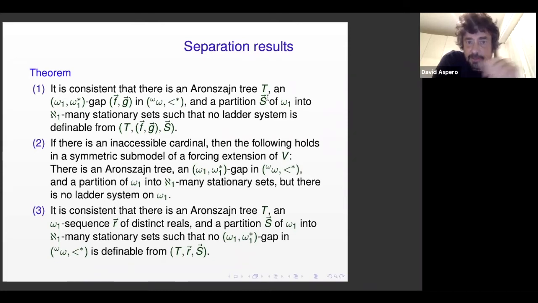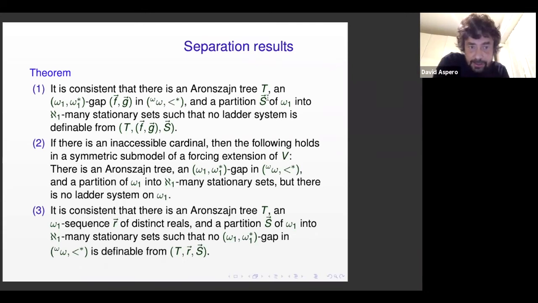Also, if there's an accessible cardinal kernel, then in some symmetric submodel of a forcing extension you have the same conclusions, but where you replace definability by existence. So there's an Aronszajn tree, there's an omega 1 gap in the reals, and there's a partition of omega 1 into omega 1 many stationary sets, but there is no ladder system on omega 1.